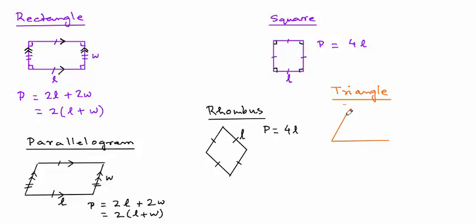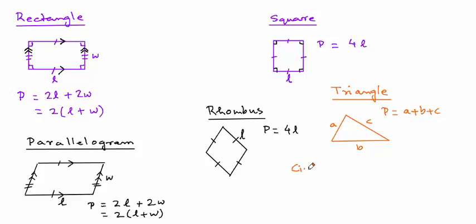And the 3 sides may be all different. So let's just say the length of this side is A, the length of this side is B, and the length of this side is C. And therefore the perimeter of the triangle is nothing but the sum of the lengths of all three sides, which is A plus B plus C.